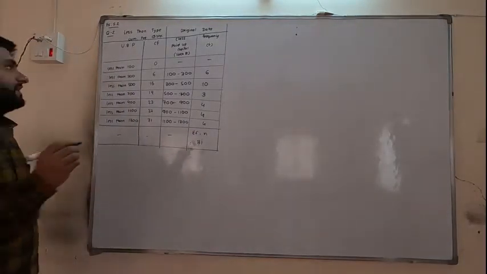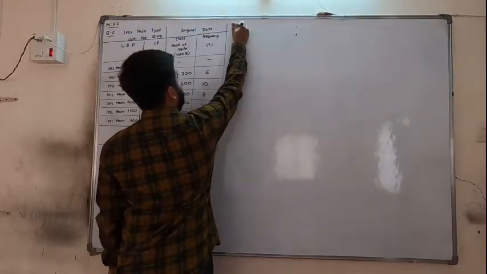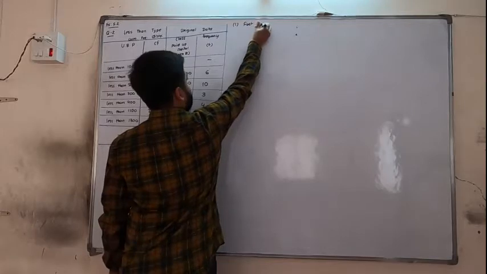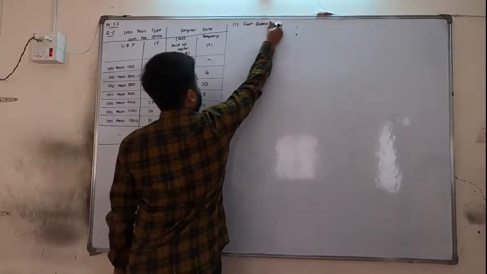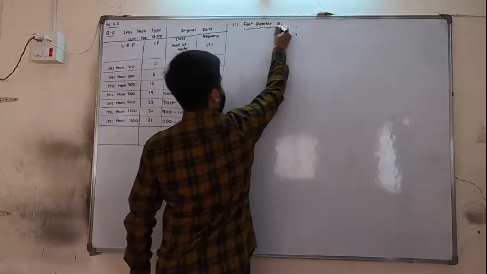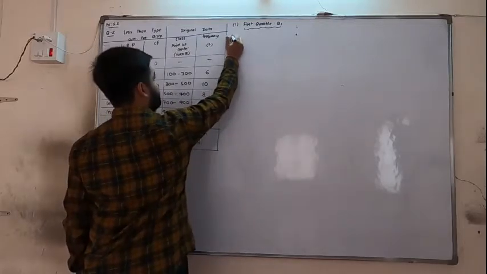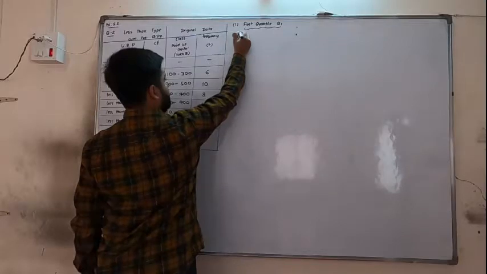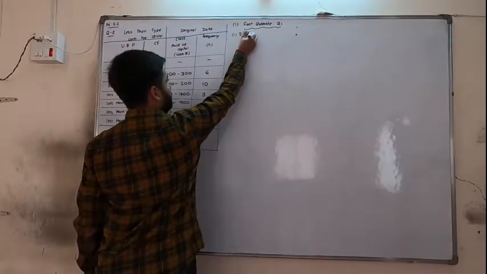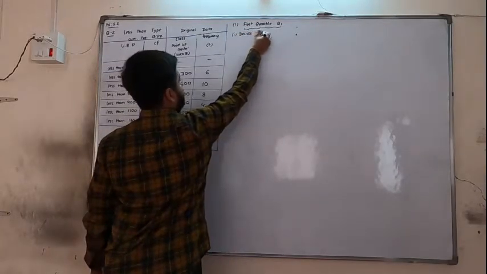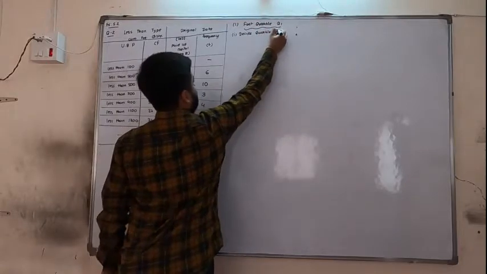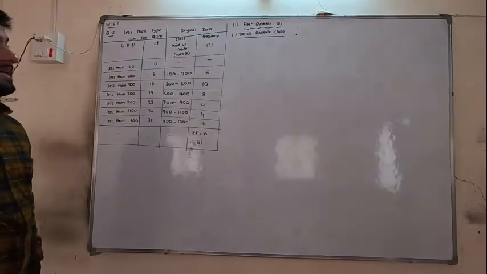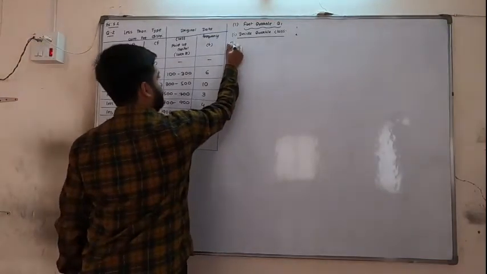Now let's start with the quartiles. Number 1, first quartile Q1. There are two steps for each. First step, decide the quartile class.